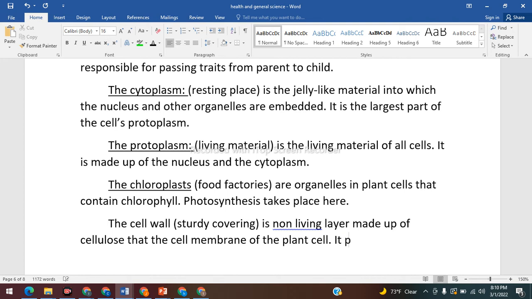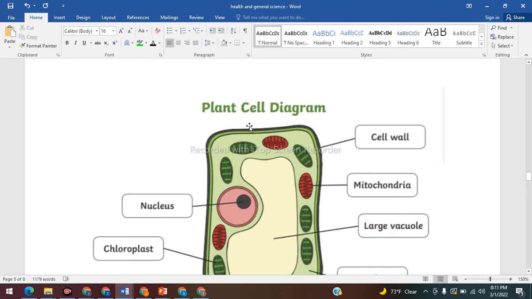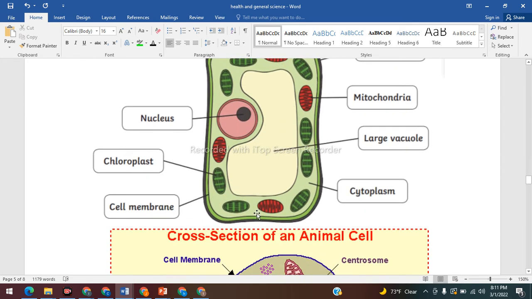So it provides the cell with support and protection. So that's a function of the cell wall. So again, if we go back up here, the cell wall is the sturdy covering right there on the outside.